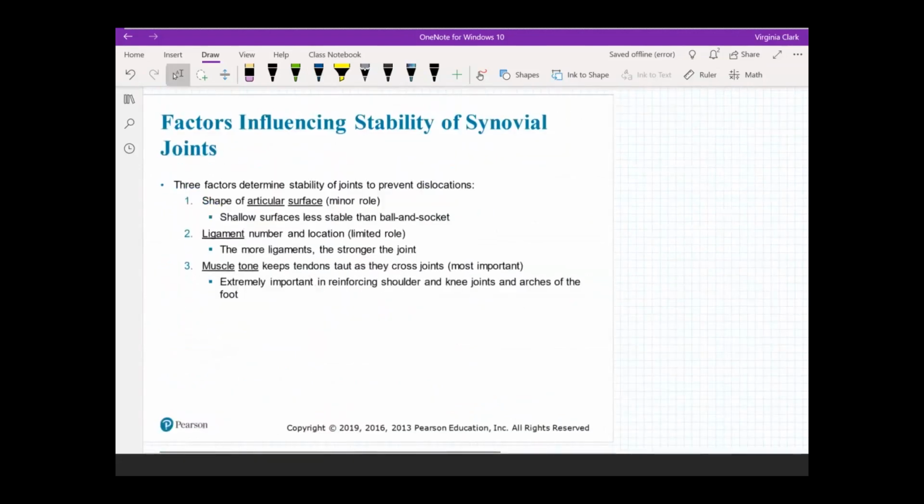Okay, so the synovial joints are one bone end connected to another bone end with a space in the middle, with a membrane around it, a capsule around it, filled with liquid, and then ligaments holding it in place. How in the world is this stable?